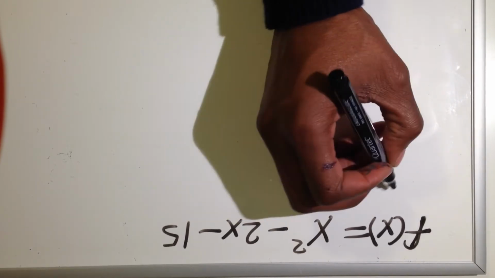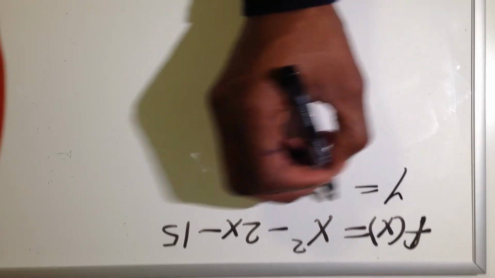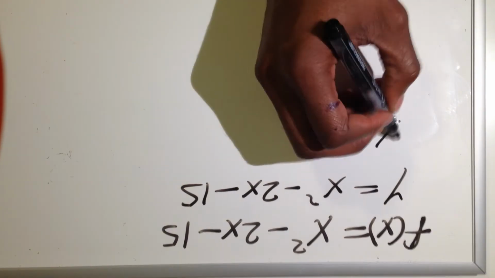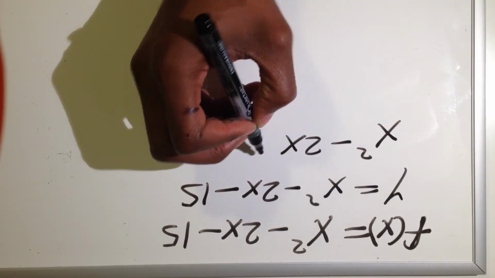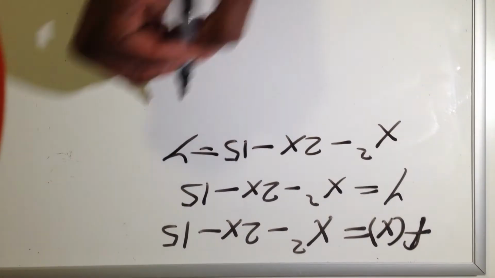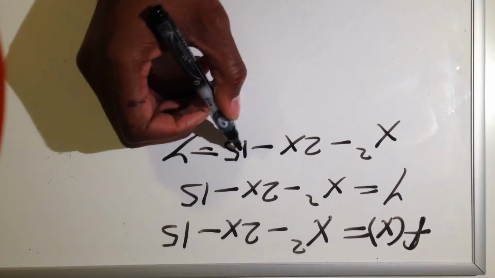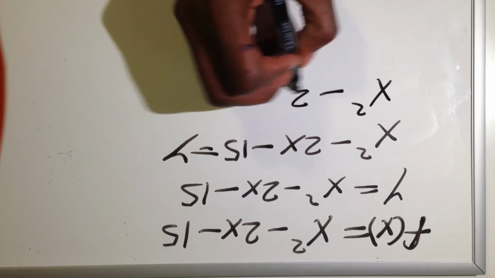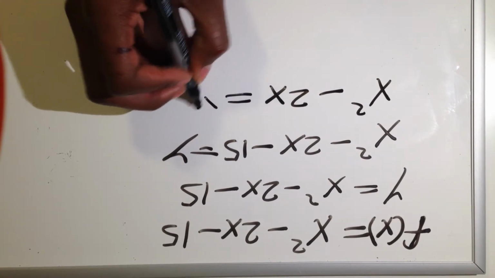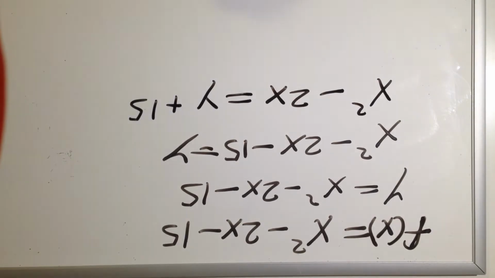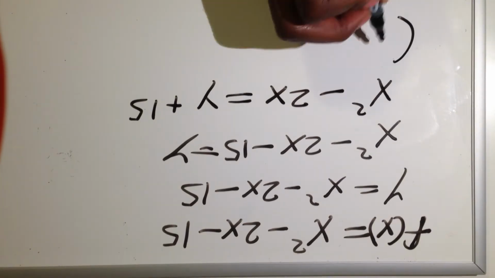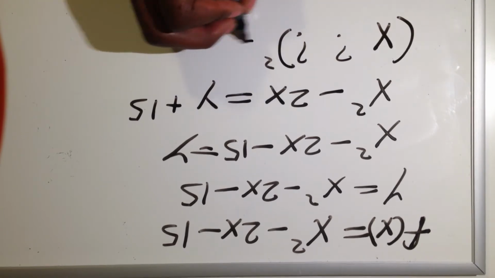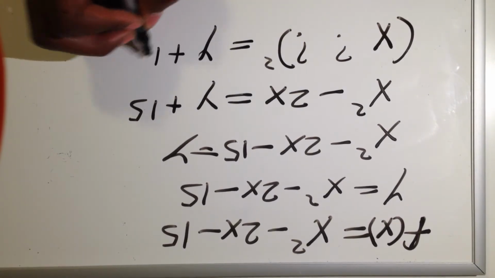Let's change this to y and move y over to the other side. x squared minus 2x minus 15 equals y. The 15 goes over to the other side: x squared minus 2x equals y plus 15. Let's put it in our template: x, question mark, squared equals y plus 15.